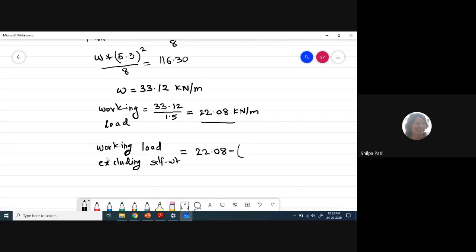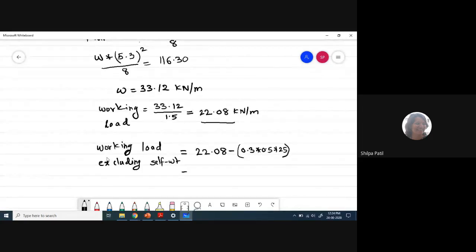Overall depth is 500 mm. So small b into capital D is my overall dimension, multiplied by the unit weight of reinforced concrete, which is 25 kilonewton per meter cube. So it is 0.3 multiplied by 0.5 multiplied by 25.